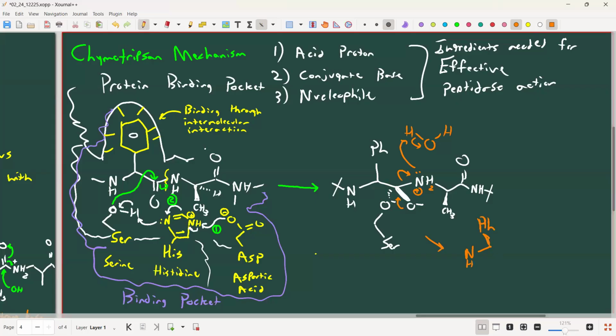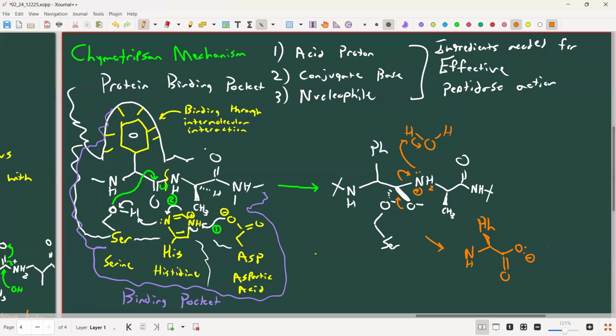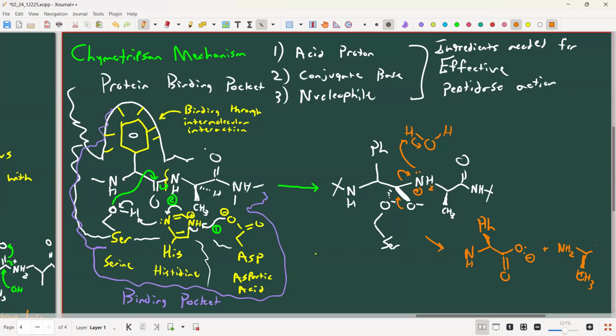So phenylalanine. We restore this double bond. And now we have an O- atom here, which is that OH that's left from the serine. And we have NH2 alanine. So we've cleaved that bond now.